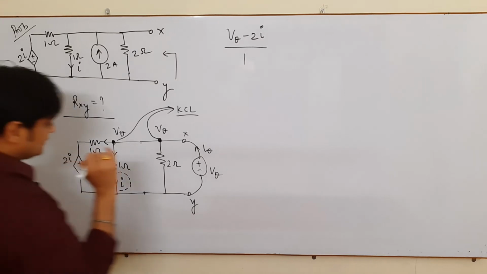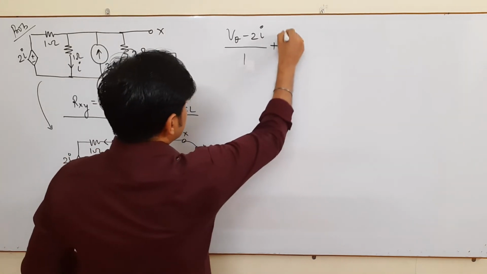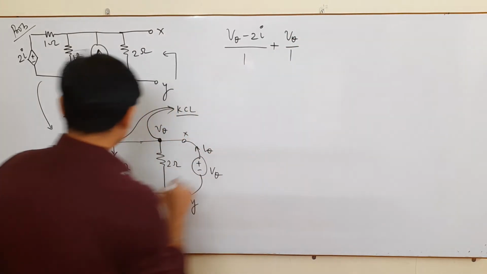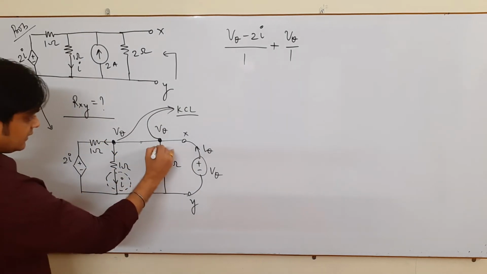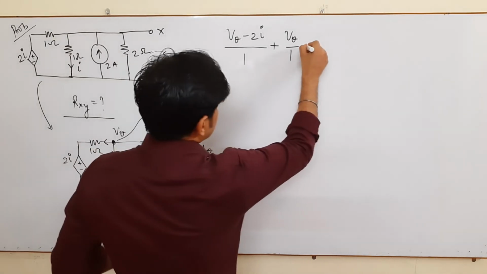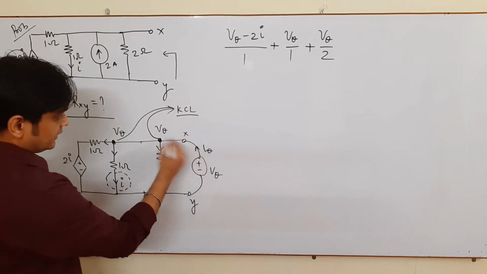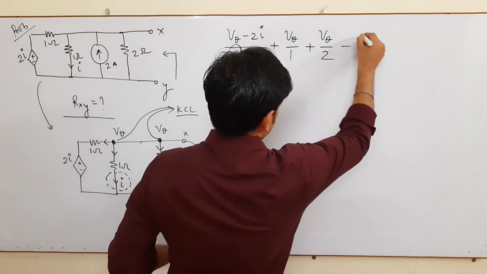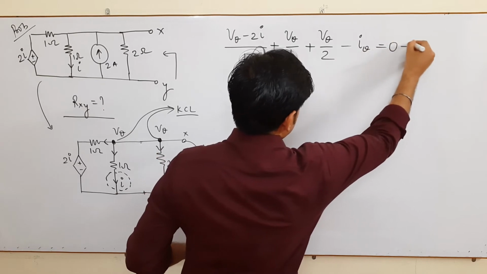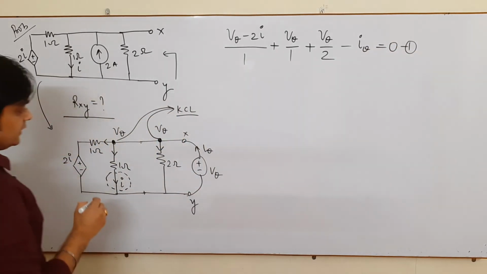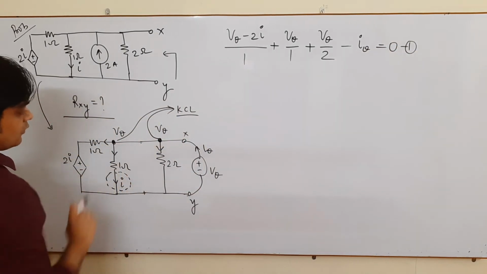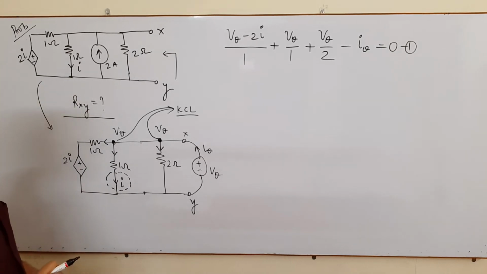Similarly, the current which is flowing here, I can say it is plus V theta by 1. Similarly, the current which is flowing here is plus V theta by 2. And the current which is coming here is minus I theta, that is 0, is equation first. Very important thing, no current will enter here because of the common potential node. So this is our simple equation.